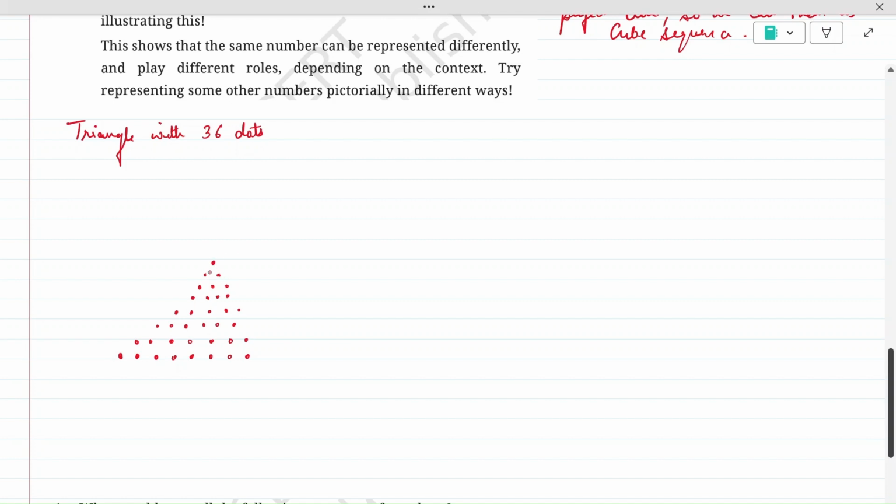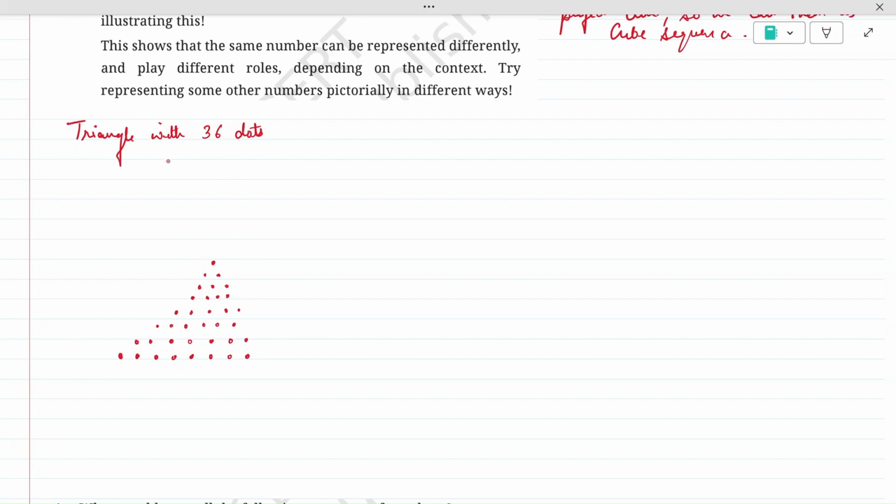So we can see 1, 2, 3, 4, 5, 6, 7, 8 dots on this side, 8 on this side, and 8 dots on this side. All three sides have an equal number of dots, so that's why we call it an equilateral triangle also, and this number is a triangular number.